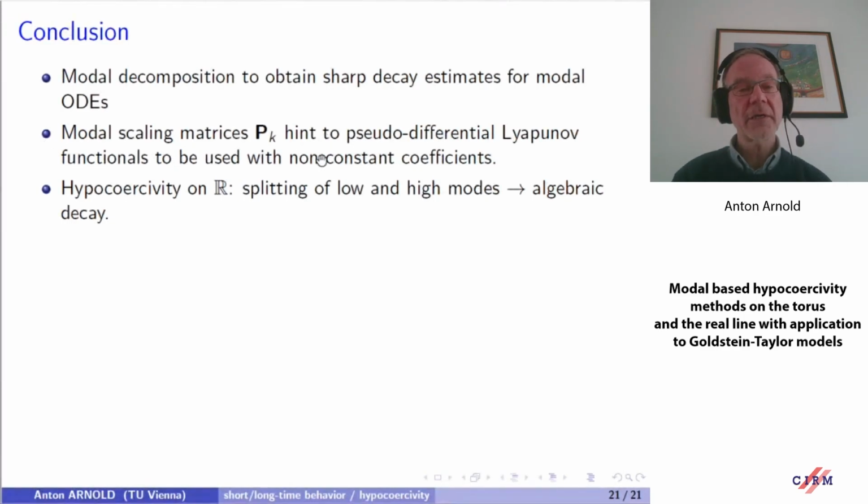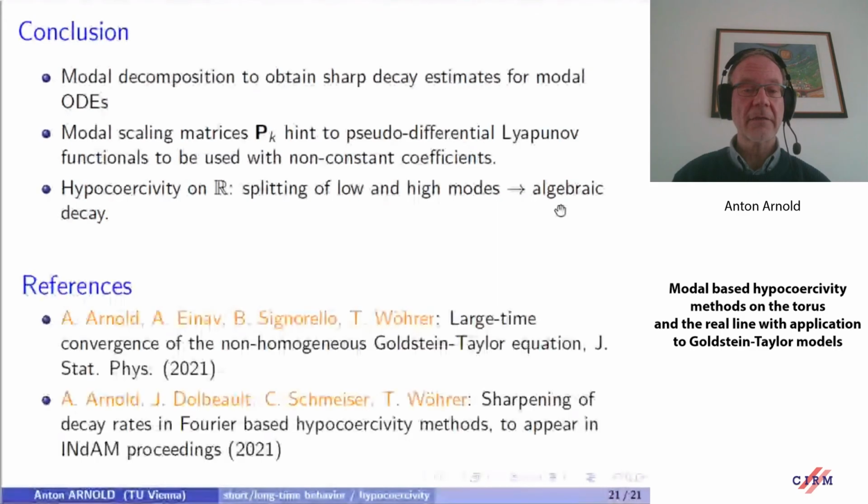First, I've shown you how these scaling matrices can give you a hint how a pseudo-differential Lyapunov functional can be constructed, with the goal to be able to treat also PDEs with non-constant coefficients. And then for the hypocoercivity on the whole real line, I explained this splitting between the low and the high modes, leading in the end to an algebraic decay rate.